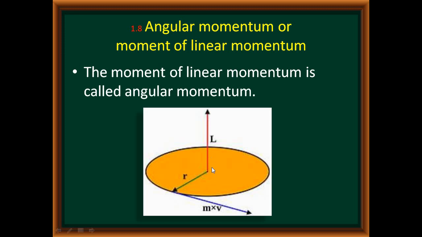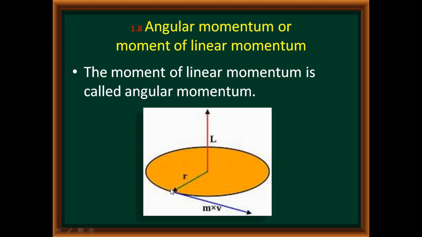It is indicated by this red arrow. R is the radius of the circular lamina, and the linear momentum is along the direction of this blue arrow, and it is given by m into v, mass into linear velocity. It is nothing but the linear momentum of the body.